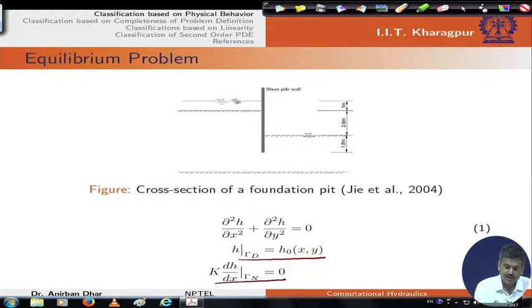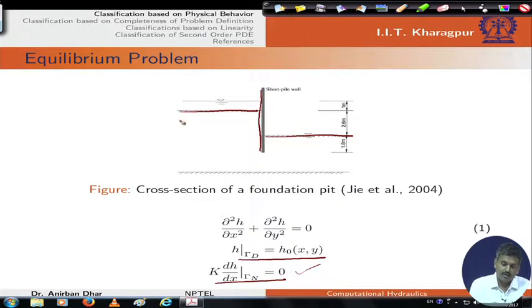Dirichlet boundary condition is applicable for this boundary where our head is specified. Again, it is applicable for this boundary where head is known. In the middle, the sheet pile acts as a no flow boundary. That is why zero Neumann boundary condition can be directly applied for this problem.